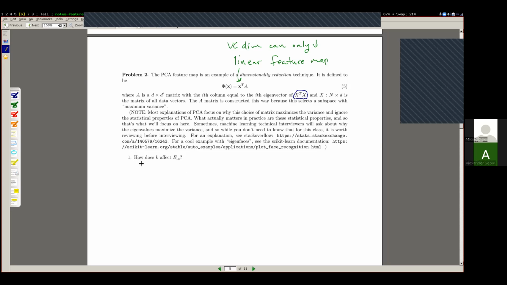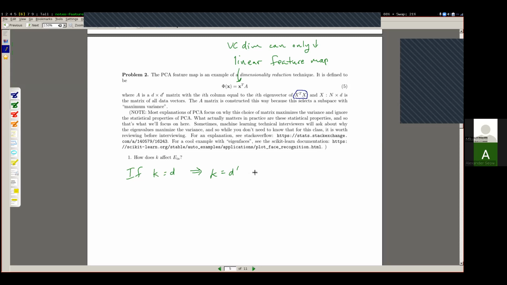So the first question here, how does this K affect E_n? First of all, if K happens to be equal to D, then that implies that K is also equal to D prime, and for our feature maps, the VC dimension is always O of D prime.